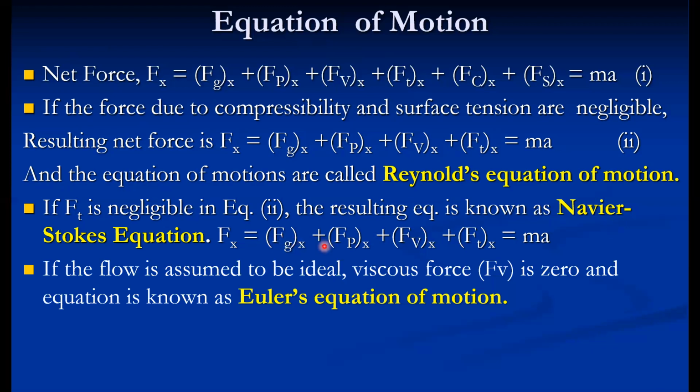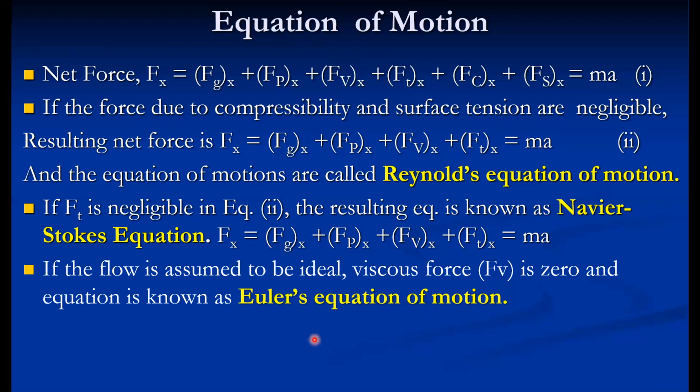In the Navier-Stokes equation, only three forces are considered: force due to gravity, force due to pressure, and force due to viscosity. For ideal flow, the force due to viscosity is also negligible. This is the most ideal equation of motion, that is Euler's equation of motion.